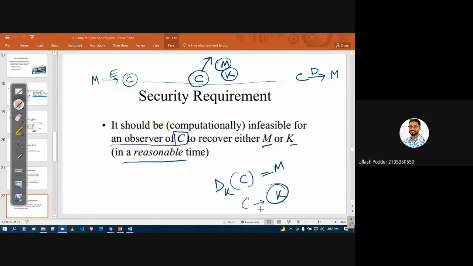Sir, if the attacker gets the K, the key, he will get all the future messages as well. Okay, very good. If the attacker gets M, he will get only one copy. But if he gets K, he will get every subsequent copy of C, right?